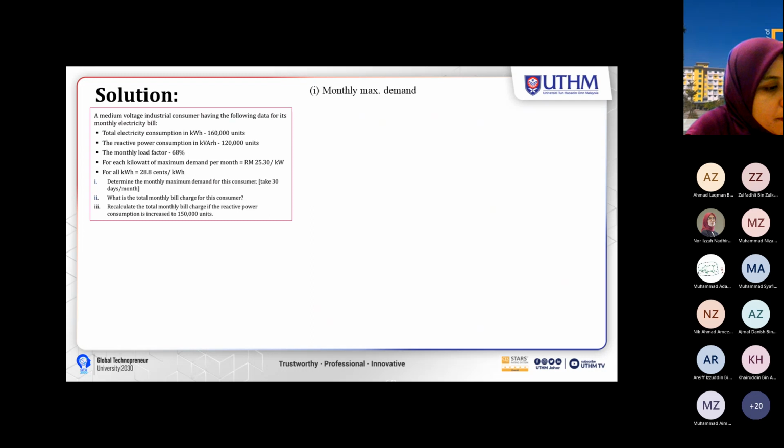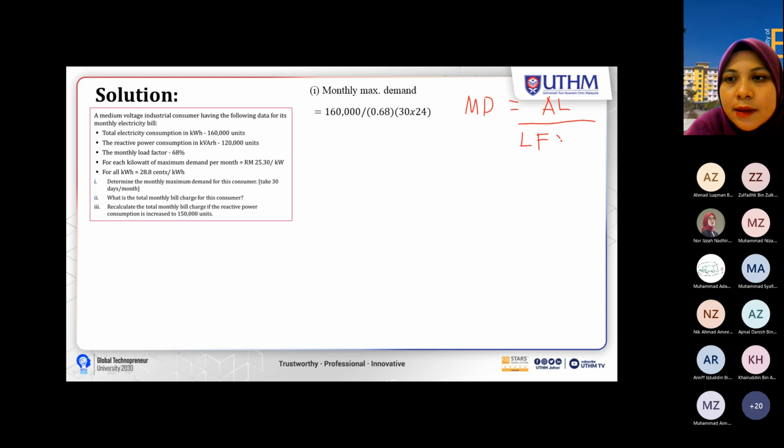Okay, first, the monthly maximum demand. How to calculate the monthly maximum demand is, maximum demand is equal to the average load divided by the load factor times the load period. The average load was given earlier in kilowatt hour, 160,000 kilowatt hour.